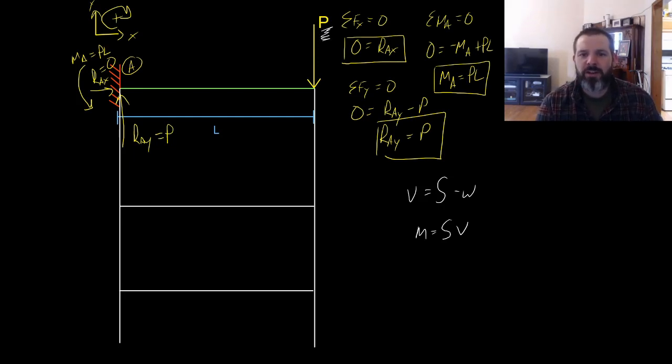We have an impulse load of P on the end. So over the entire length of the beam, except between the supports, we know that the loading function W is 0.